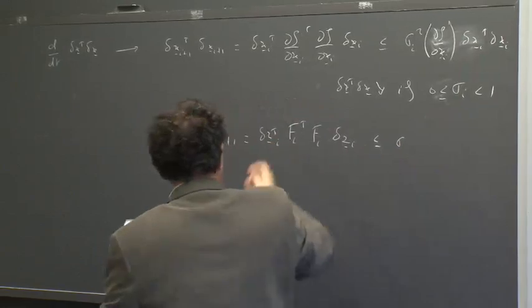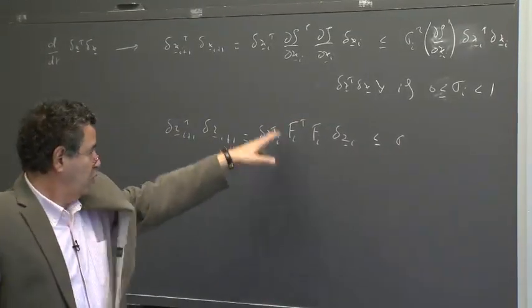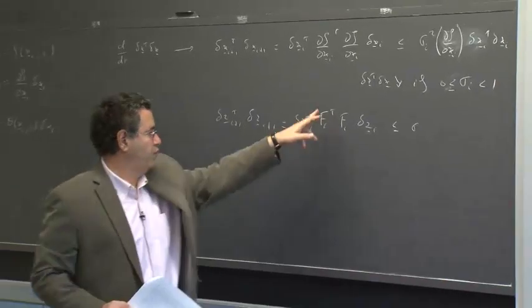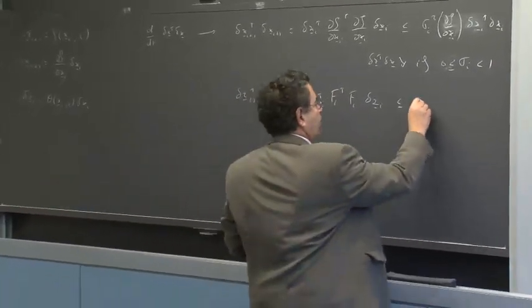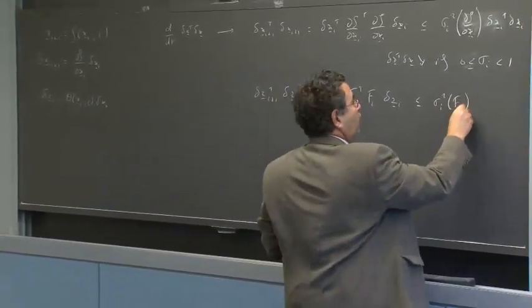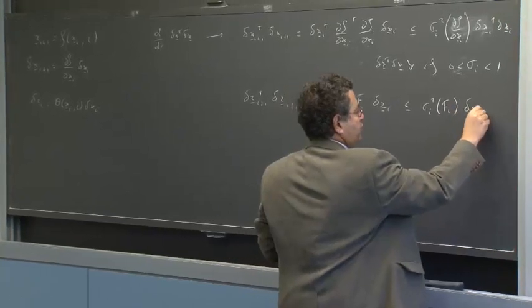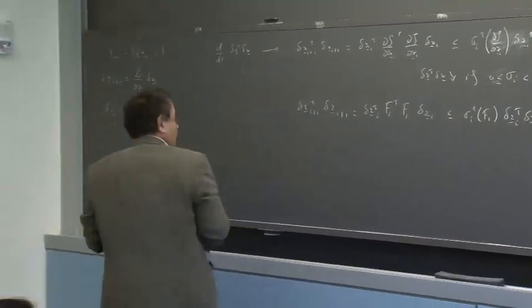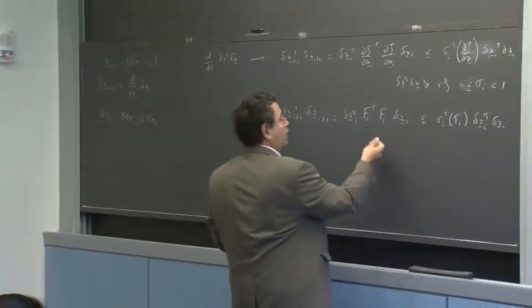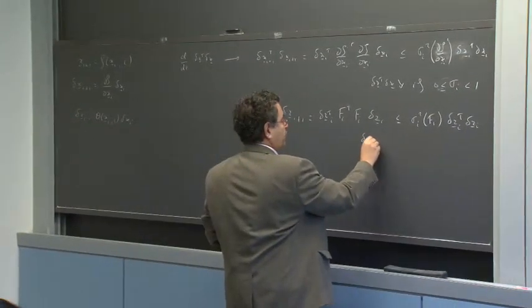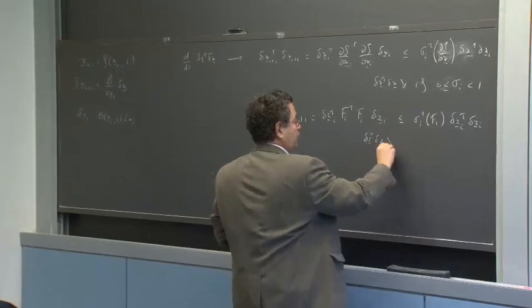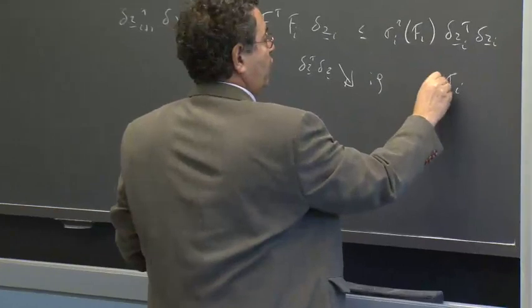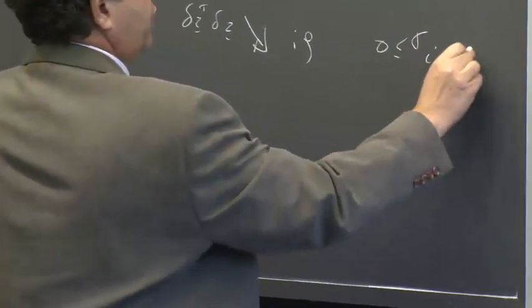And so this will be less than the largest eigenvalue of this matrix, which is the largest singular value of the matrix Fi. So sigma I square of Fi times delta zi transpose delta zi. And of course, delta z transpose delta z will decrease if this sigma I is less than 1.